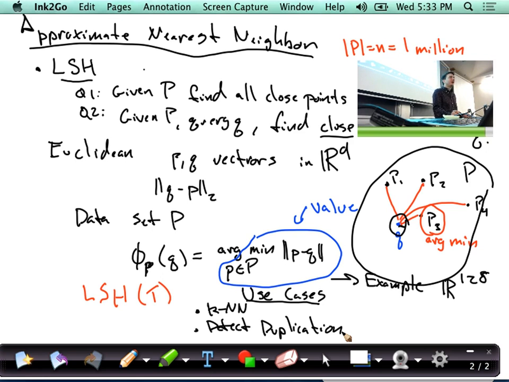Or maybe it's two products that are very similar, and you want to advertise them together. So this is detecting duplication. It's also going to play a really important role in clustering, which we'll talk about starting next week. We'll see how finding the nearest neighbor is something you need to do over and over again on some sort of data set. So these are just some examples of very important tasks.